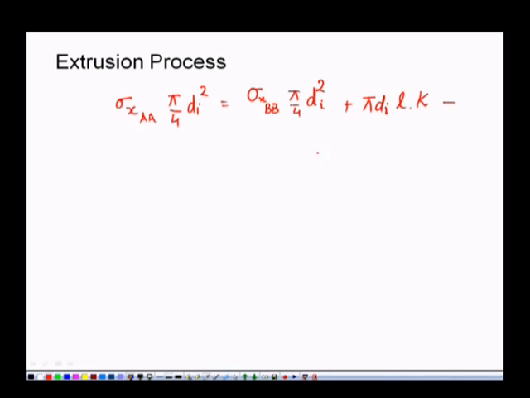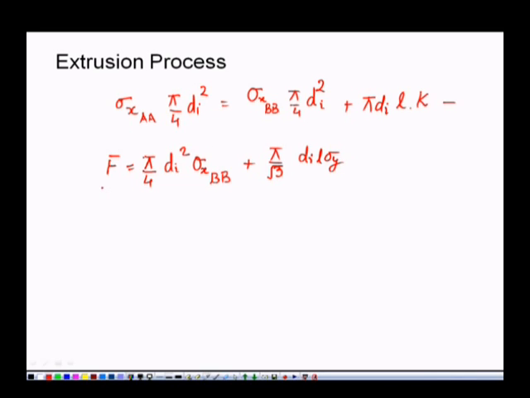before BB. So, finally, from here we can say that our F is equal to pi by 4 di square sigma x at BB plus pi by root 3 into di L upon L into sigma y.